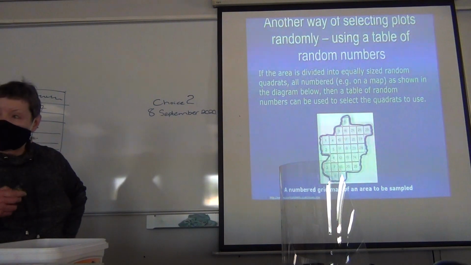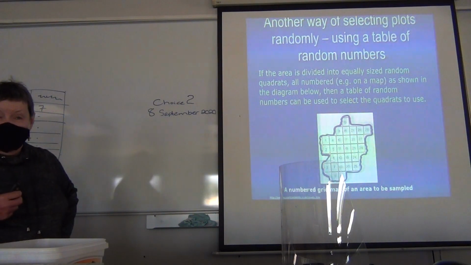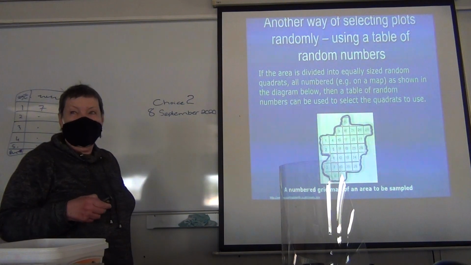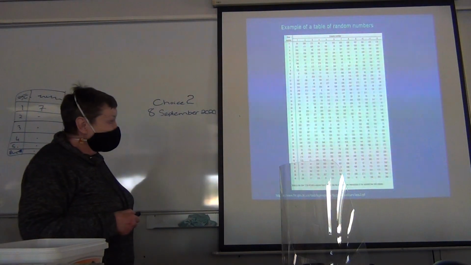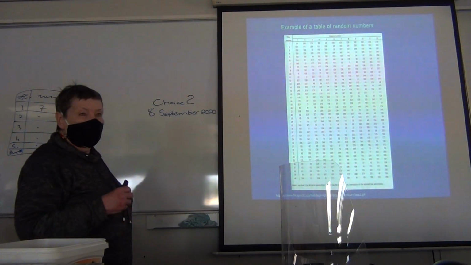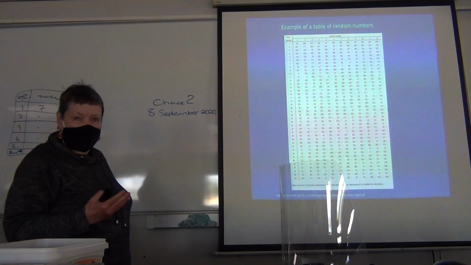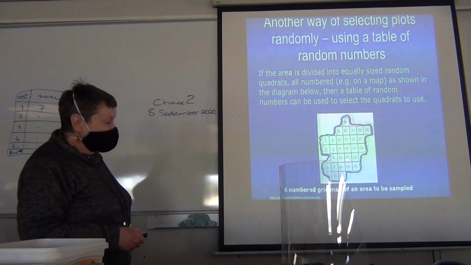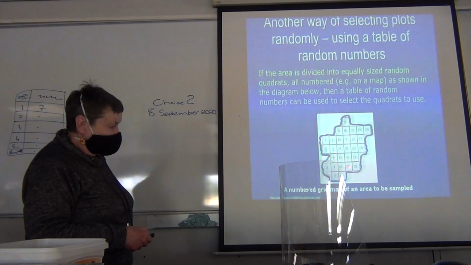And then you use a random number table, which you can get off the internet. Let's say we need 10 quadrats. So 20, you put a little mark on it.